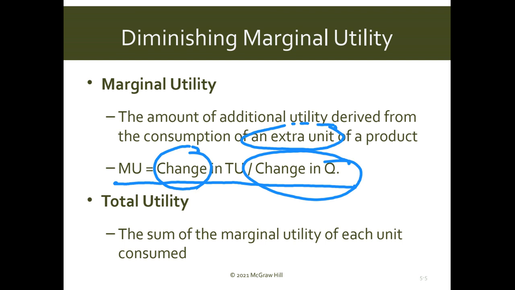I'm going to show you an example that will clarify how to calculate marginal utility. Once we calculate marginal utility, then I can explain the meaning of diminishing marginal utility, or the law of diminishing marginal utility.